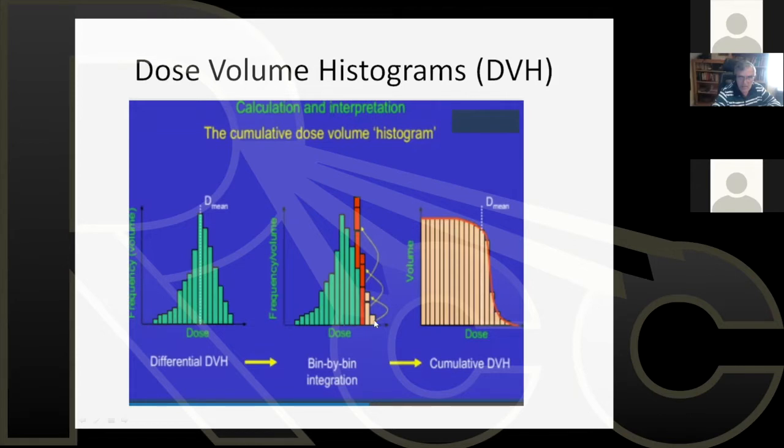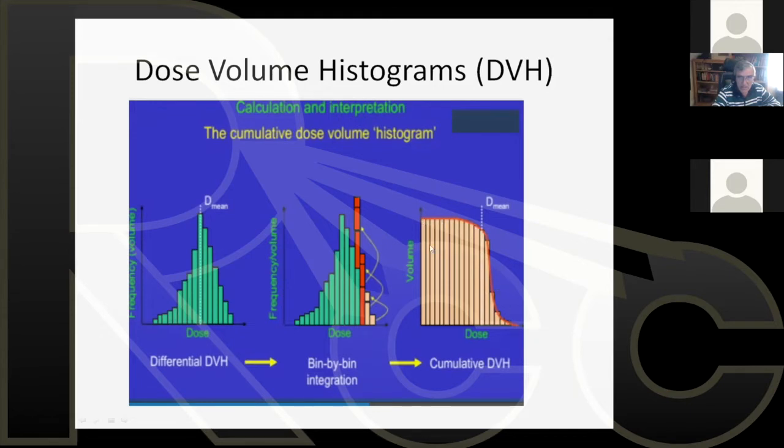It starts off in the high dose, goes up where mainly where the dose is, and then over to 100% for the tumor. So from adding up these individual histograms, you get what's called the cumulative dose volume histogram. And this is the one that clinicians like to look at.